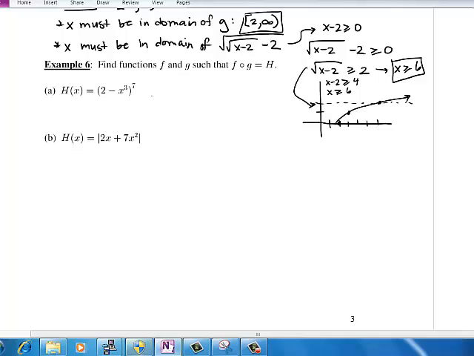What you want to notice is, for example, in 6a, we've got 2 minus x cubed, and then that whole group is raised to the 7th. So what I would think of as the inside function would be 2 minus x cubed, and then the outside, or the thing that happens second or last, is raising to the 7th.